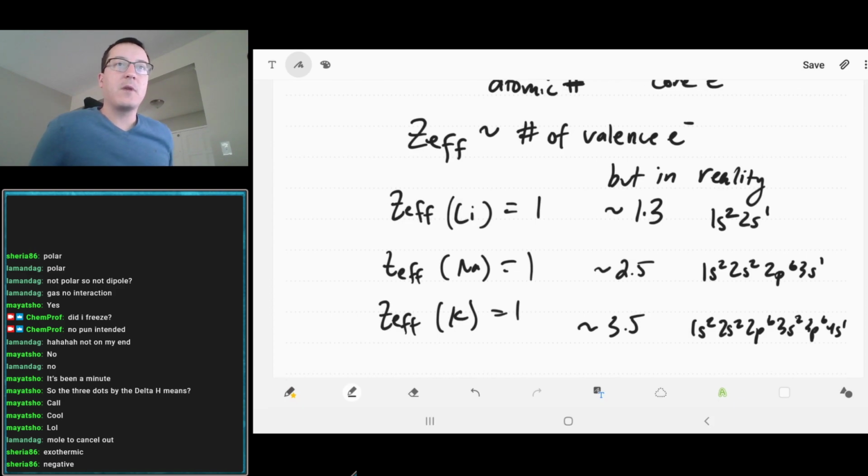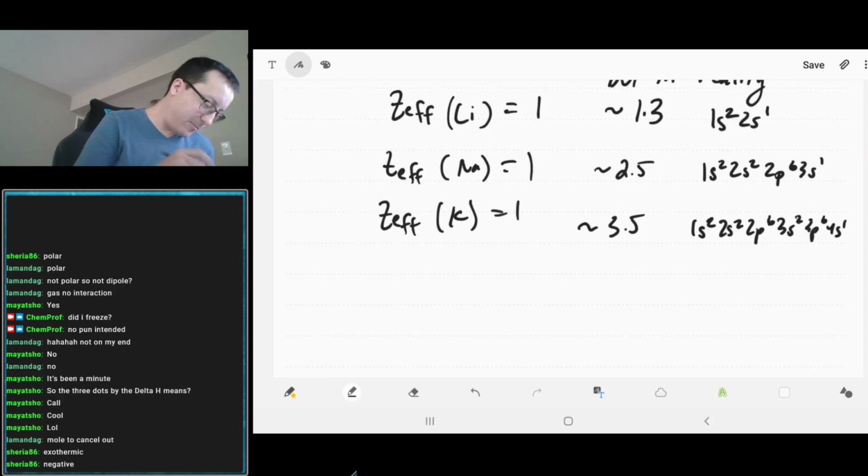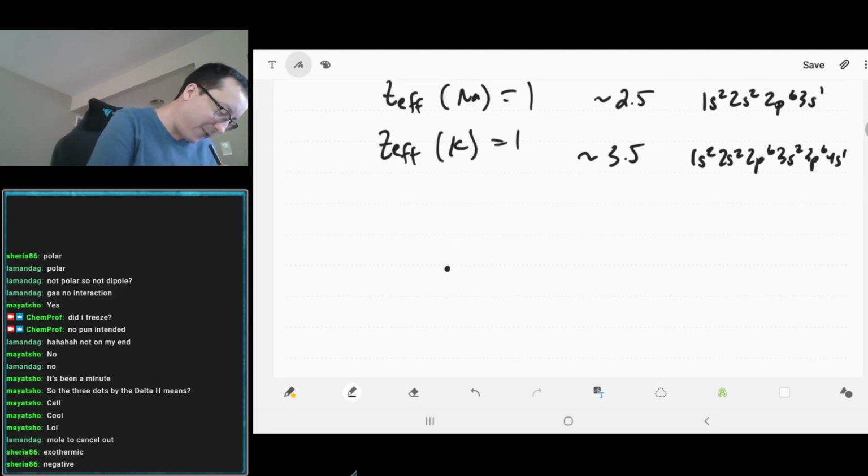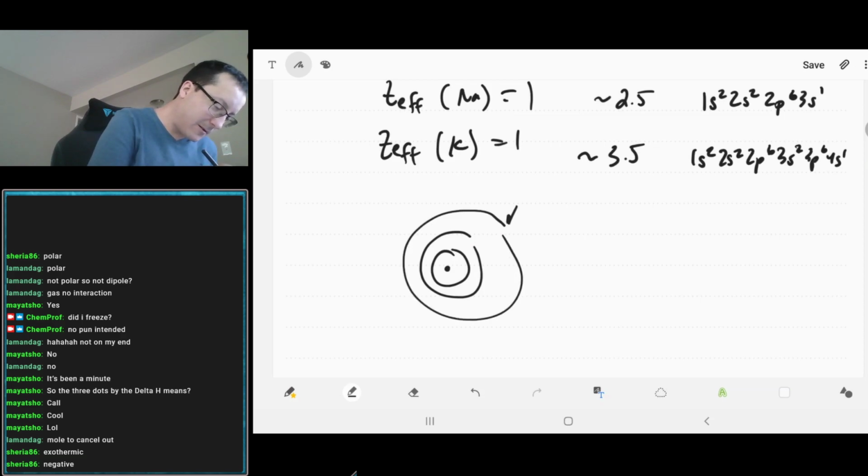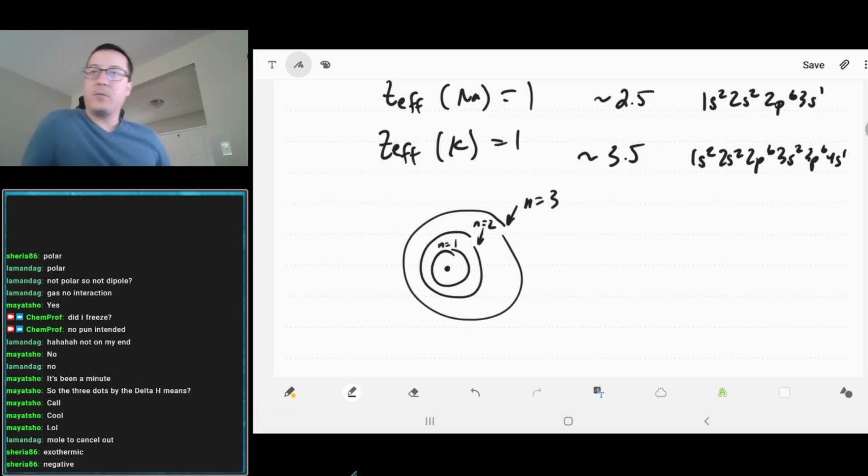But if we go back to our fake atom, with orbits in this Bohr model, we know that the third one is a lot bigger than the second one.